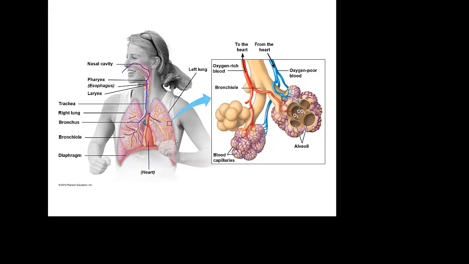And then at the end of the bronchioles, we've got these clusters of alveoli. So some people say they look like grapes. The idea here is they are completely covered in capillaries. Capillaries are your smallest blood vessels. And we'll see those more in your cardiovascular system, but for now we need to think about them as being very, very small and exchanging oxygen and carbon dioxide.